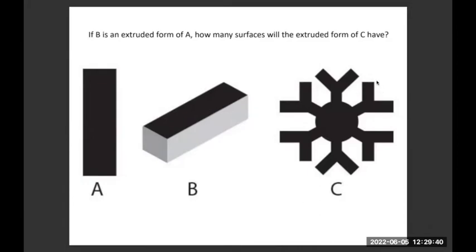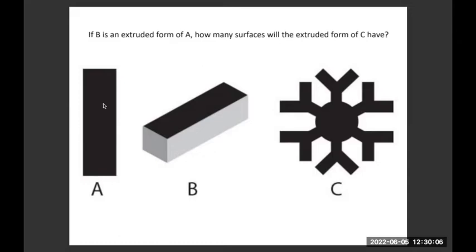The question is, how many surfaces will be formed when the given shape C is extruded? How many surfaces will this shape have?